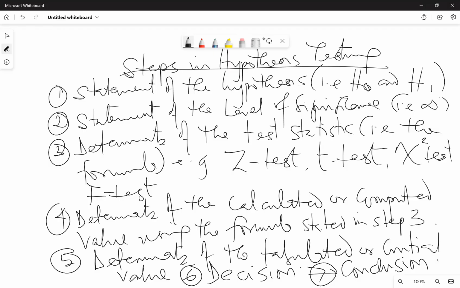In step 6, we will now decide. So we need the value we have gotten in 4 and 5 to decide. After you have decided, you can now conclude. Conclusion is when you now tell us, do we reject the null hypothesis or do we accept it? All right? So those are the essential steps in hypothesis testing.